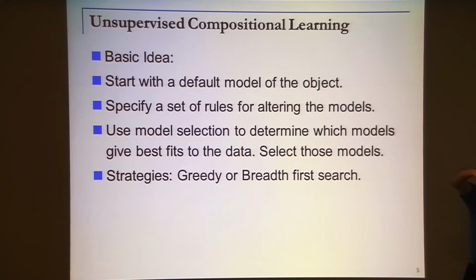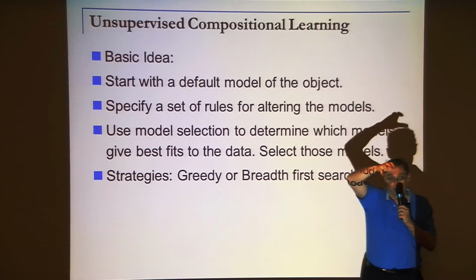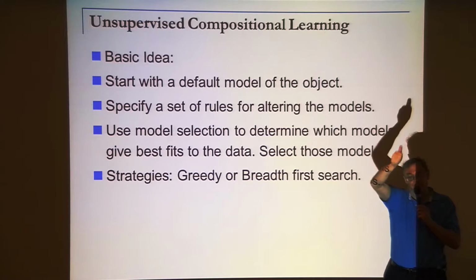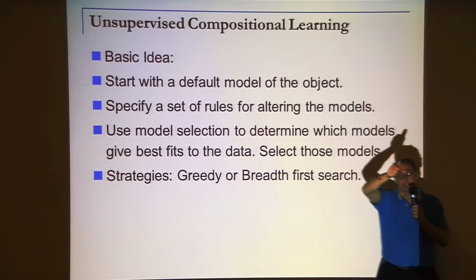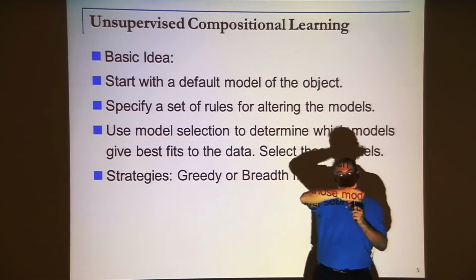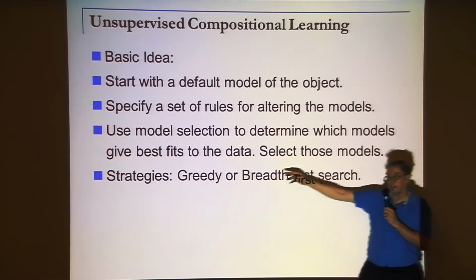You try growing it by adding extra bits to it. If the extra bits describe the data better, then you keep that model. And then you search for another model. So you only have one model at each time, and you're just trying to find modifications of it that make it better. That would be a greedy approach.